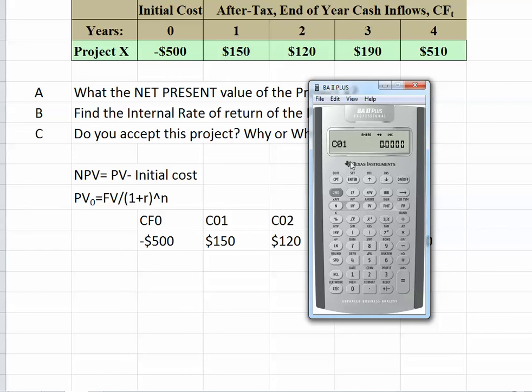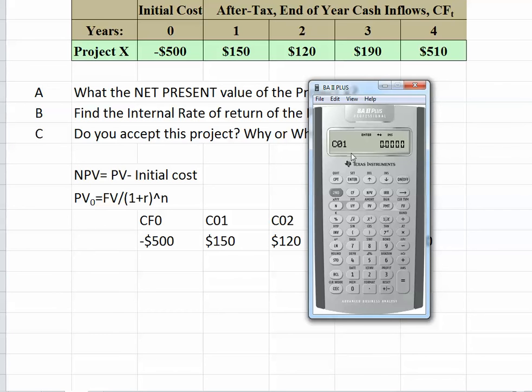Go down. Cash flow number 1 is $150. Oh, by the way, let's check here. Yes, it has to be negative. Okay, if you have this number positive, if you made that mistake, you're gonna get an error in your calculator when you find internal rate of return or IRR. So please check, make sure this number is negative.